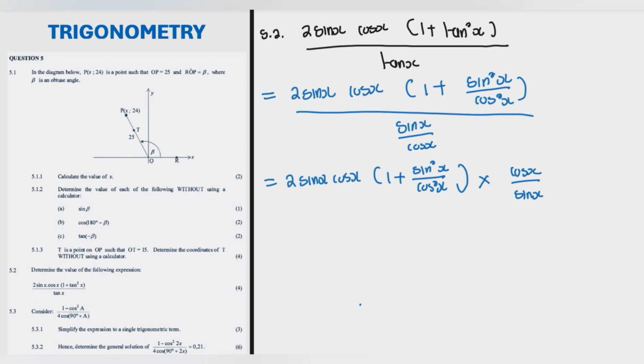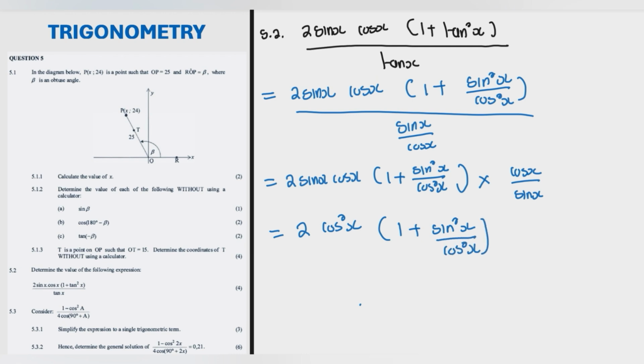Then the sine there will cancel out the sine that you have there. Your final answer will be cos times cos, which is cos square x, times 1 plus sine square x over cos square x.